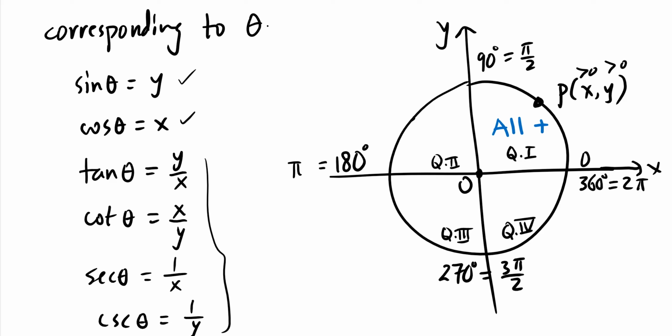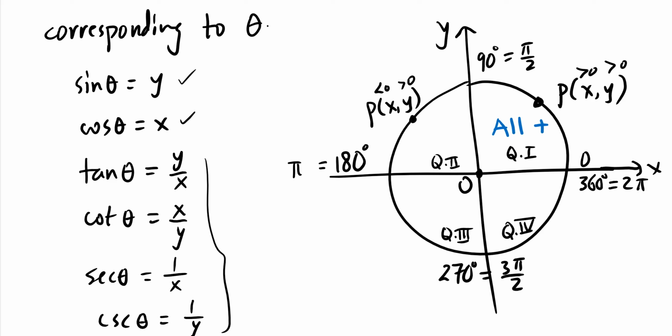Second quadrant, if I pick the point P here, any point you plot to the left of the origin, the x is going to be negative and y is going to be positive. So imagine you're plotting the point -3, 2. That would go in the second quadrant. So in the second quadrant, x is negative, which means cosine is negative.